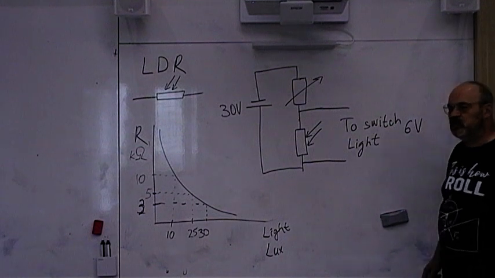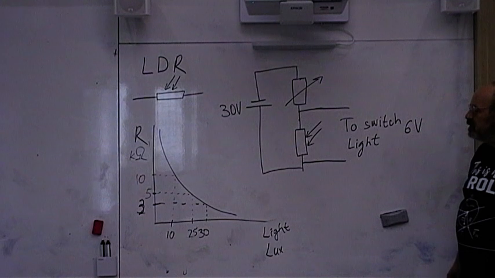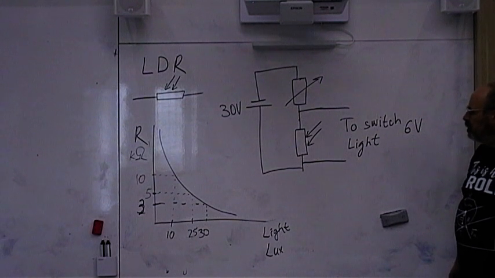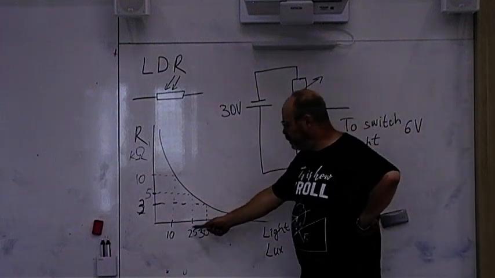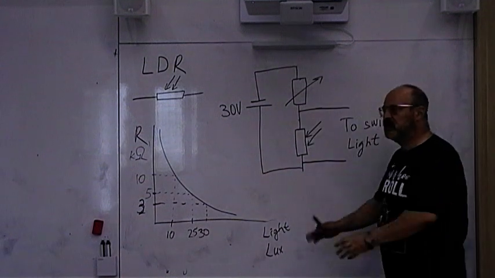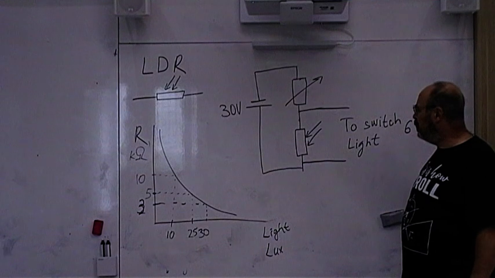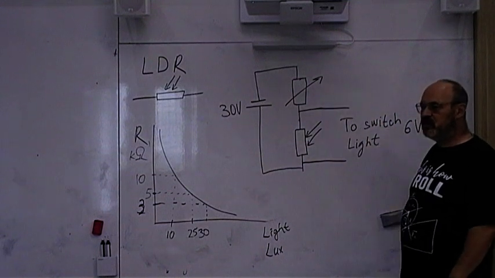We need 6 volts to turn on lights. And we want to turn on lights when the light intensity is 25 lux. Lux is a unit of light intensity. What should be the value of the variable resistor?